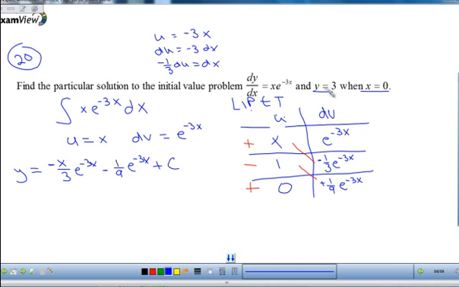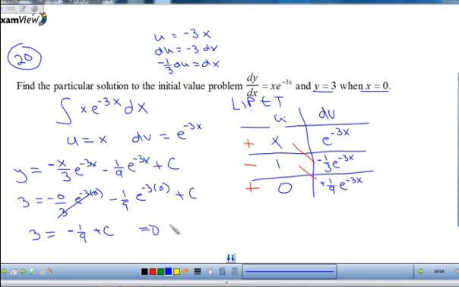Okay, so now we're going to use y and x to find C. So this is 0. So I have negative 1/9, or 3 plus 1/9, or 28 over 9.